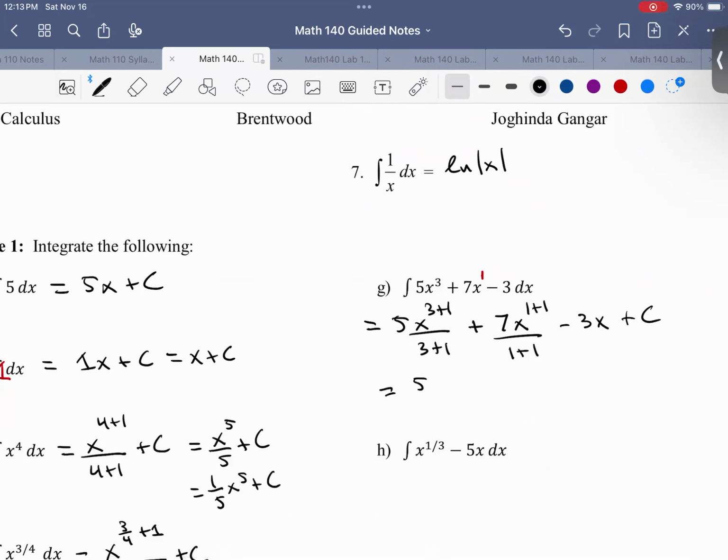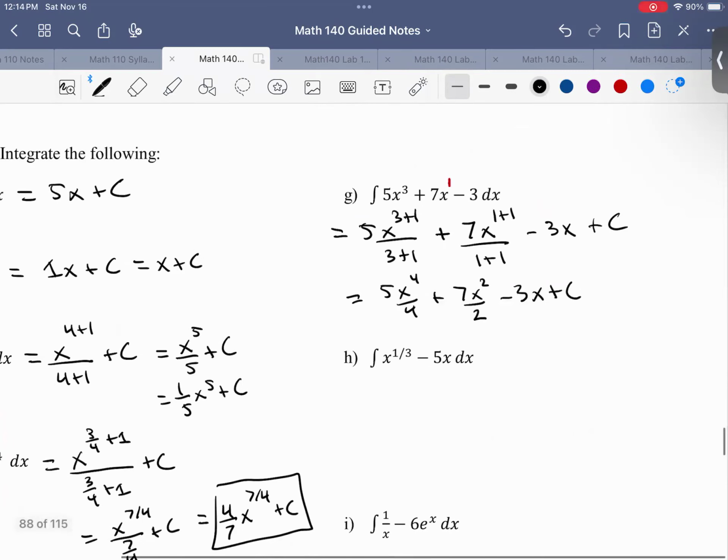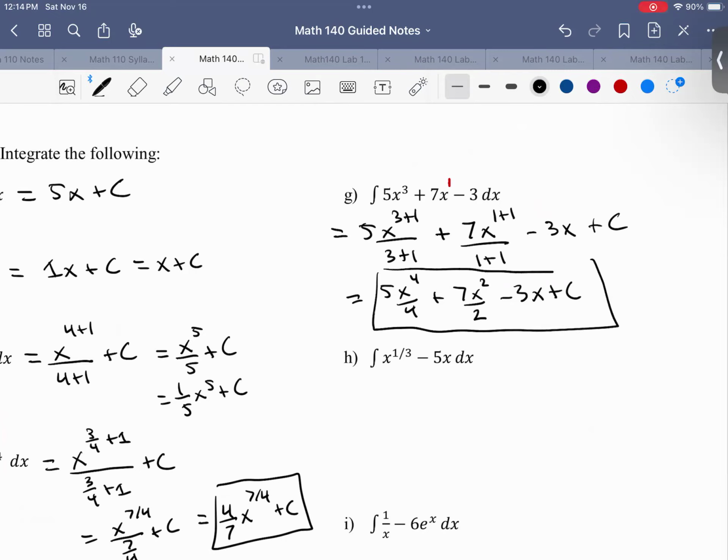We have 5x to the 4th over 4 plus 7x squared over 2 minus 3x plus c. Okay, and that is the final answer.